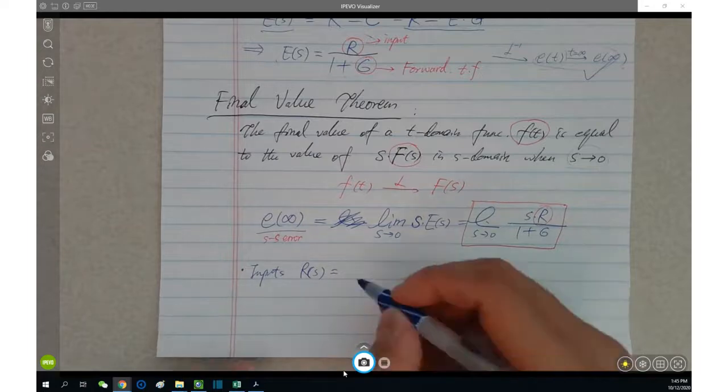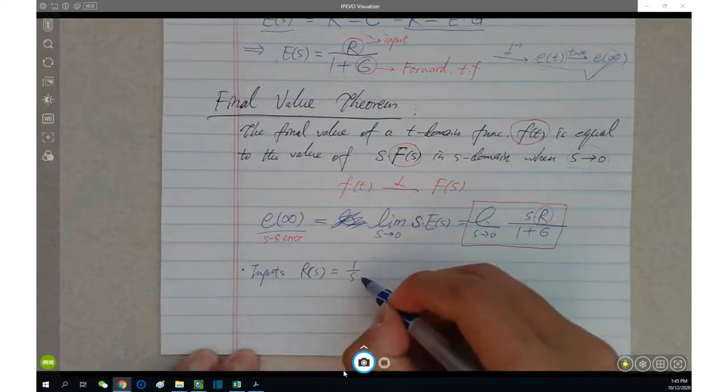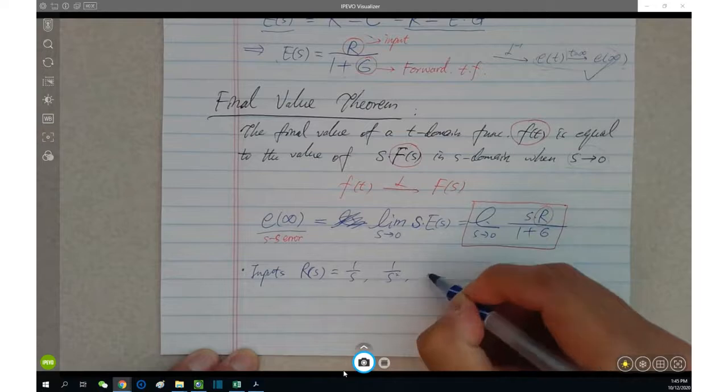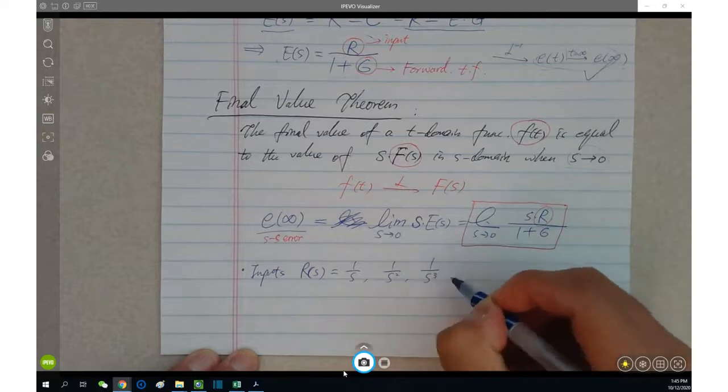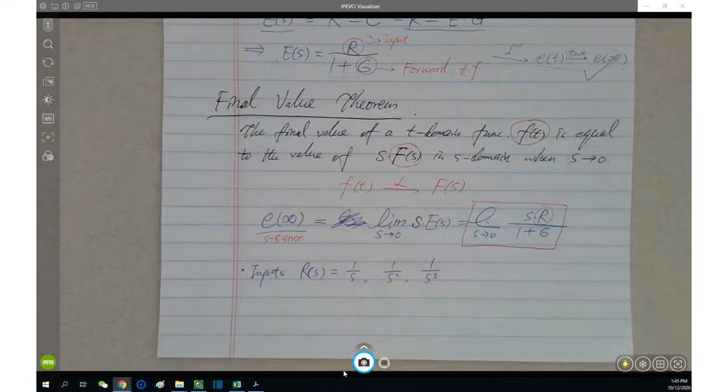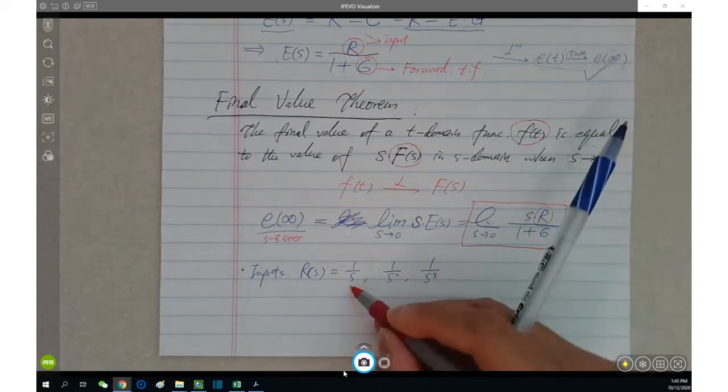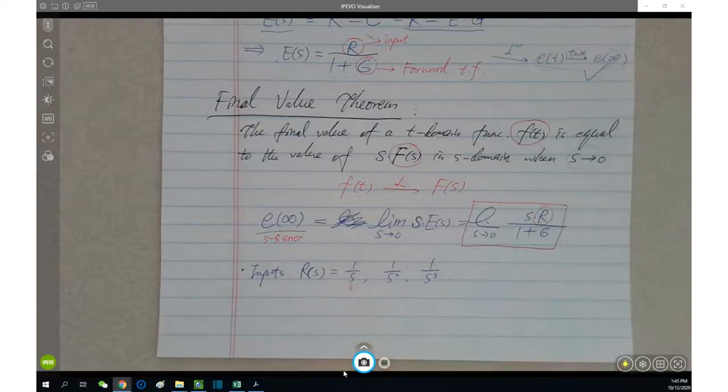And let me ask you, who are these? I'm writing the three most commonly used inputs for this module. What are they? First, 1 over s. Who is it? Yeah, impulse. All right, unit step. Here we go.